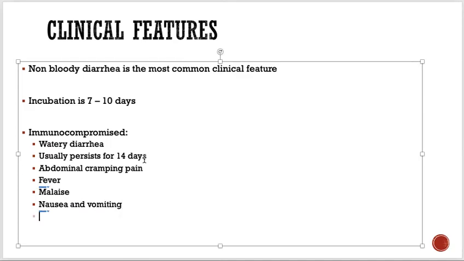Other than that, it depends on what organ system this organism is affecting. For example, whenever it affects the respiratory system, of course, the patient will have respiratory disease. Whenever it affects the biliary tract, the patient will have biliary tract disease.